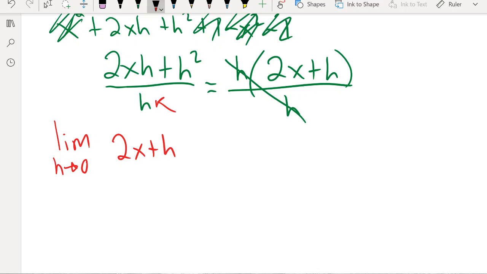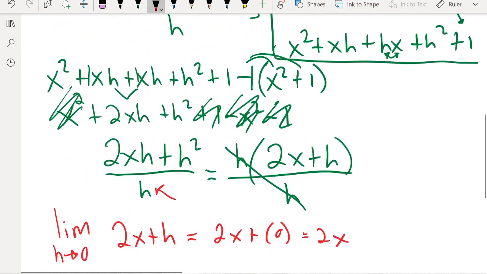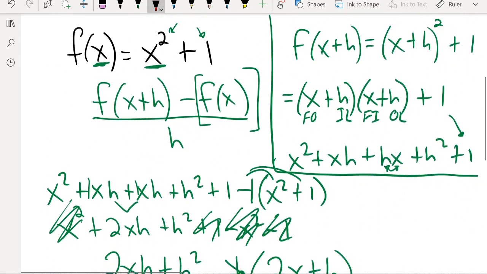If I plug in a 0 for h when there's an h on the bottom, that's a problem. But I got the h to cancel. It's gone. I can just plug in 0 for h. So it's 2x plus 0, which is just 2x. That's it, right? So the actual limit part is pretty easy. The algebra part took forever, yeah, but the limit itself was pretty easy.